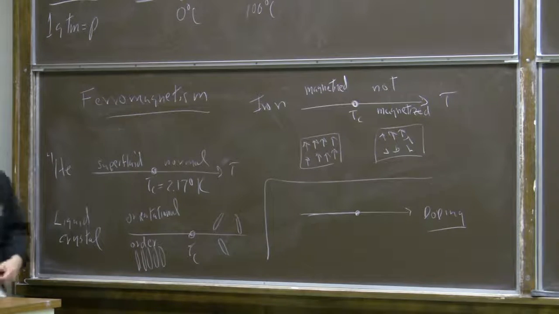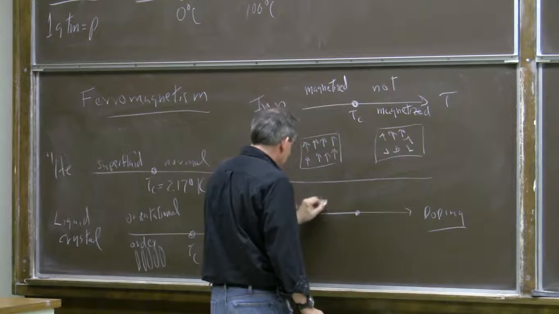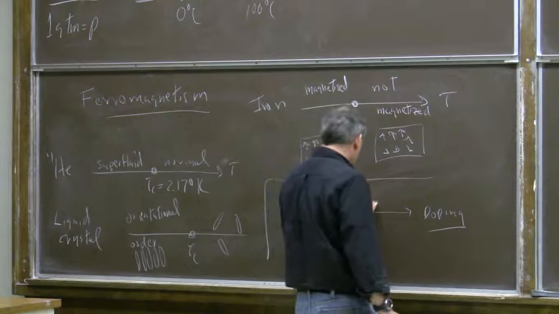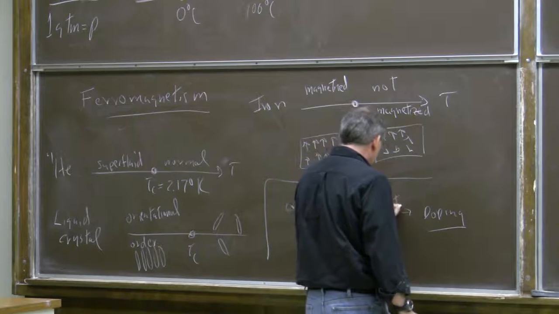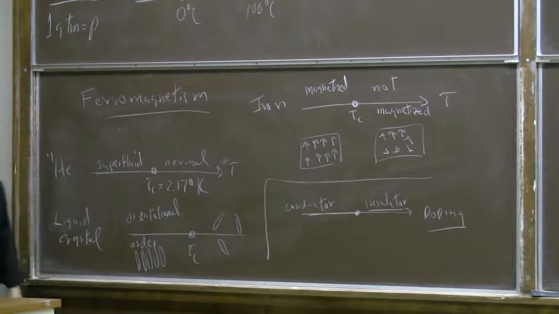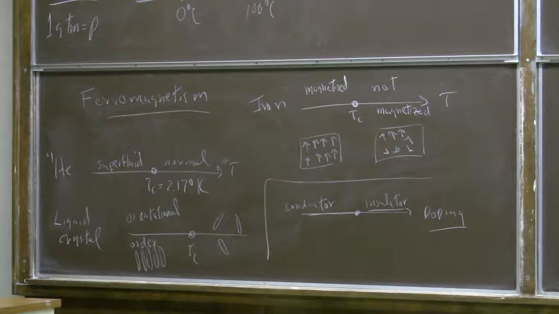It conducts electricity. But above some critical value, it becomes an insulator. And electric current can't flow through it. Okay, all of these are examples of phase transitions. There are hundreds of phase transitions known, many of them actively studied by condensed matter physicists today.